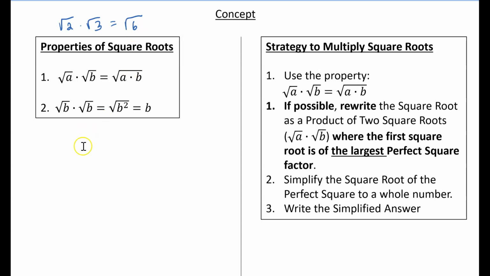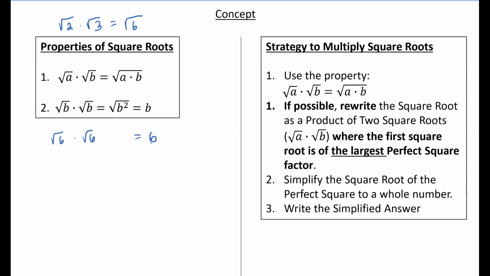The second property is really, really important and really, really powerful. The square root of a value times the square root of that same value is just whatever that value is. The square roots cancel. Again, I'll use 6 here. The square root of 6 times the square root of 6 is just 6.